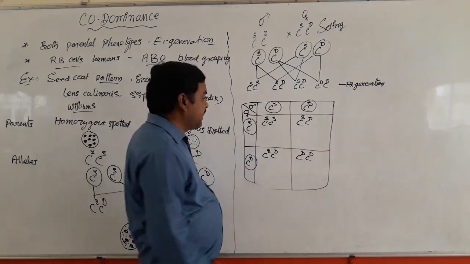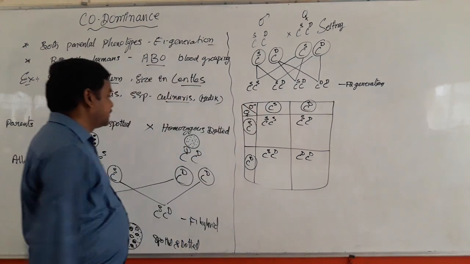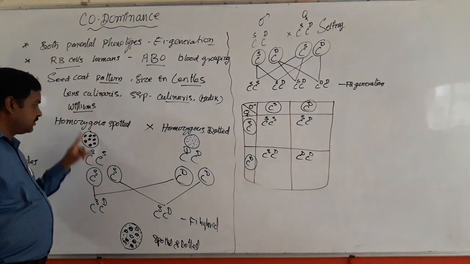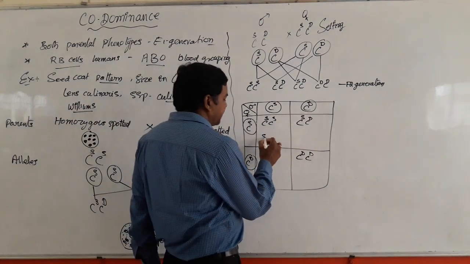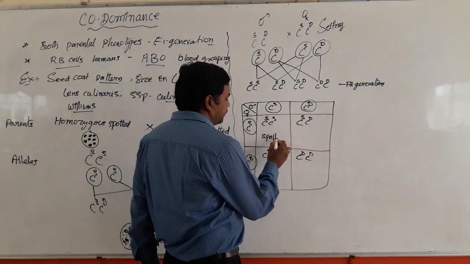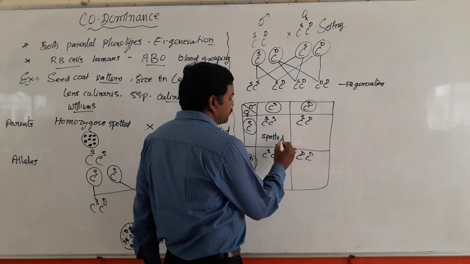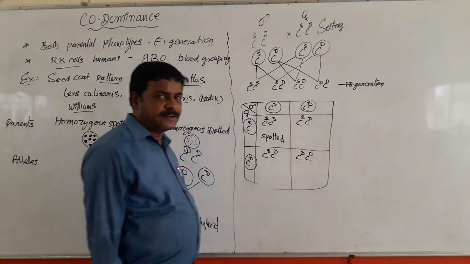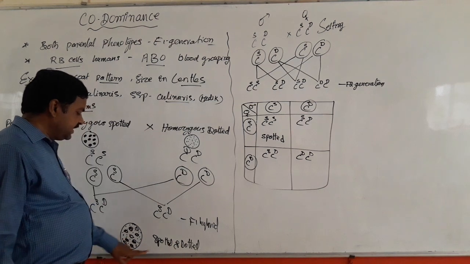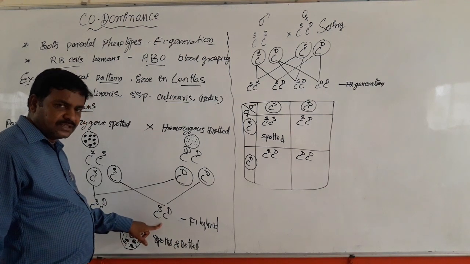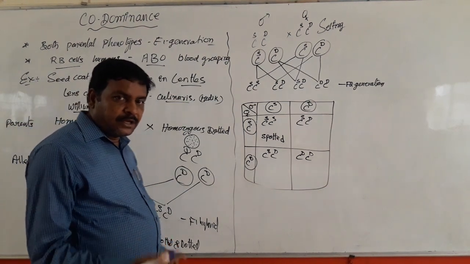But what are the phenotypes? CS CS is similar to the first parental plant. This is a homozygous spotted lentil. And what about CS CD? CS CD resembles the F1 hybrid.